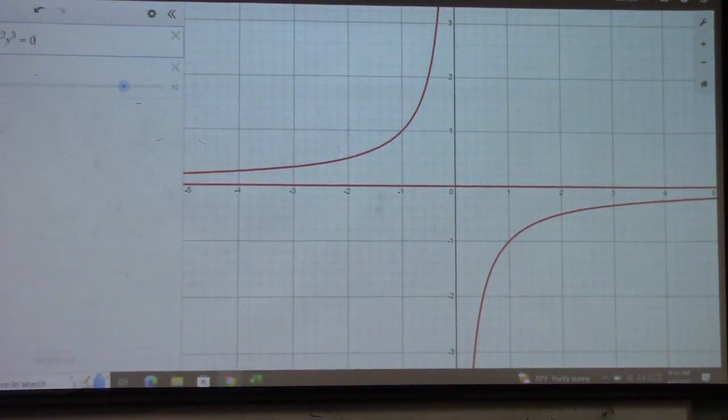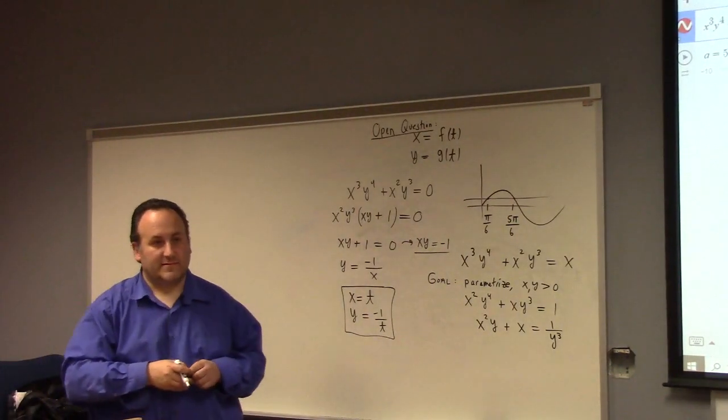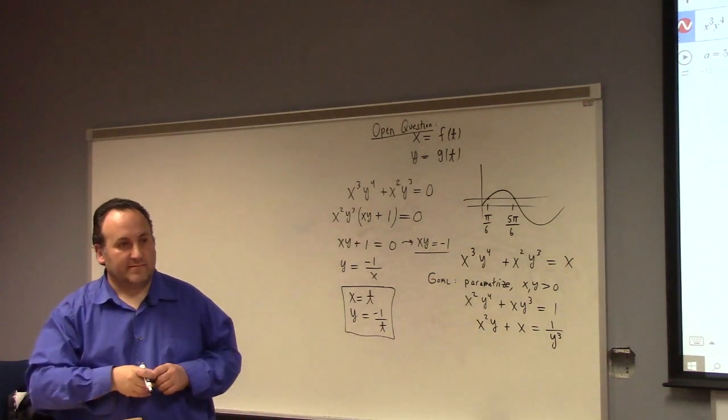Let's see, what's the issue? Let me just get to the point here, and this is my bad. Xy equals minus 1, right? Can you achieve this in quadrant 1? You cannot, right?